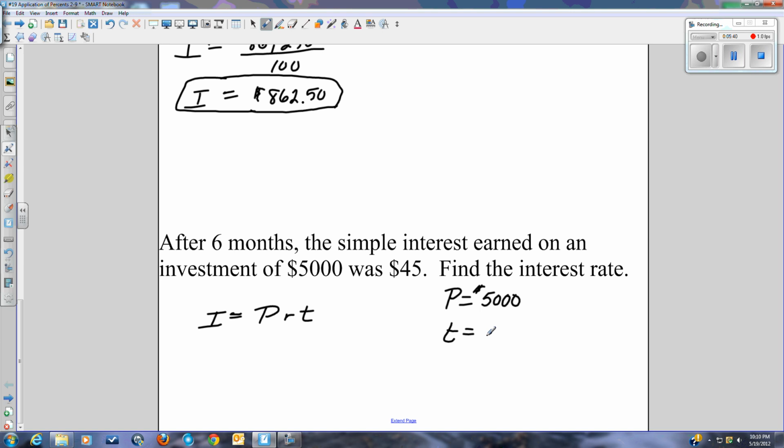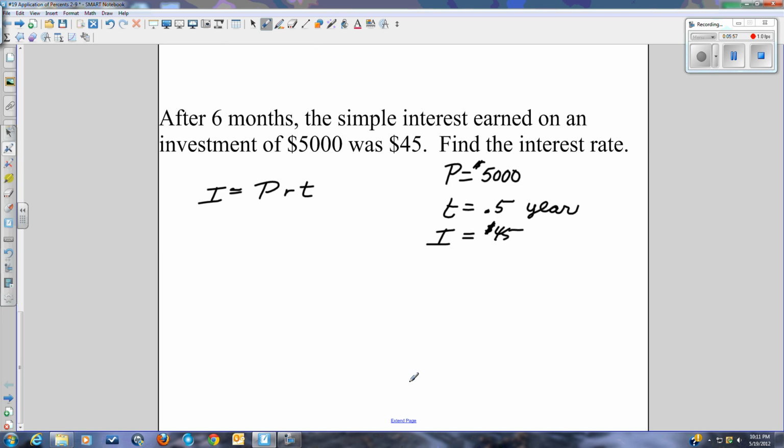So you can write that as 0.5 if you want. We have to list the time in years. We know what our interest was. Our interest is $45. Now what we're looking for is the rate. So let's see what we can come up with. Now remember, our rate is going to have to be written as a percent.